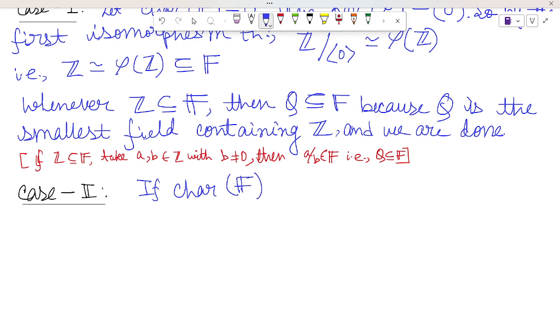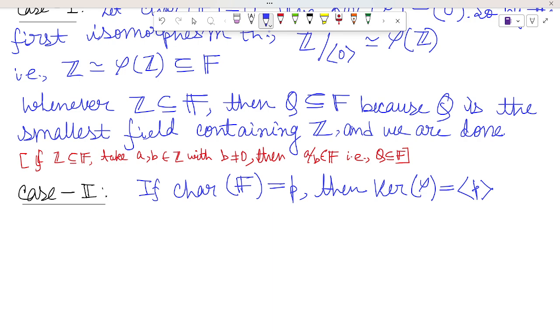I have previously said in the last talk that the characteristic of a field is always a prime number. So if it is p, then what is the kernel of phi? It is the ideal generated by p. Okay, that is the thing. Characteristic is p.